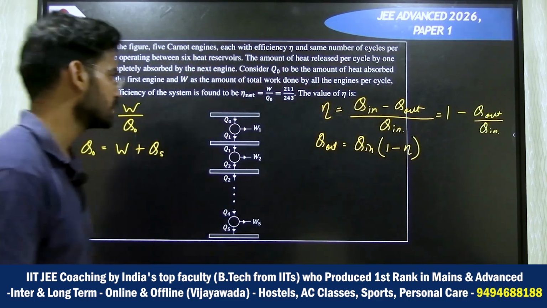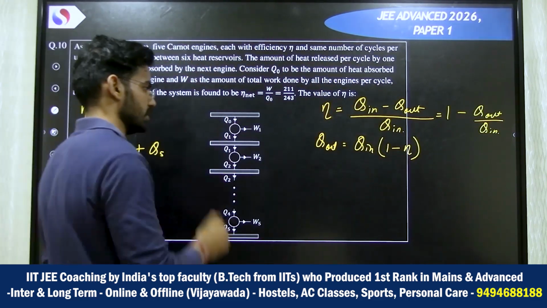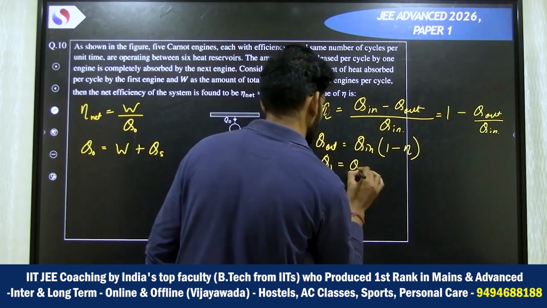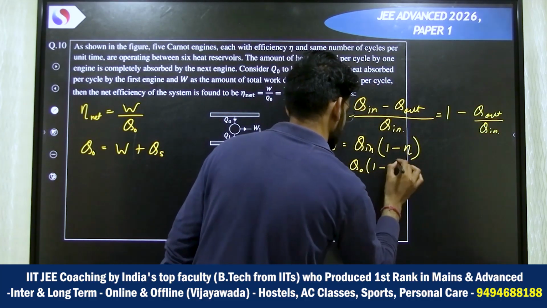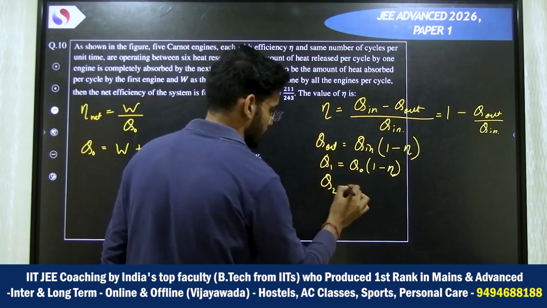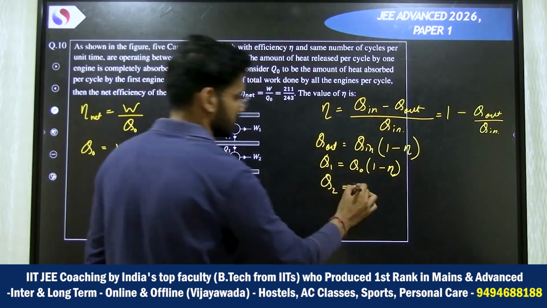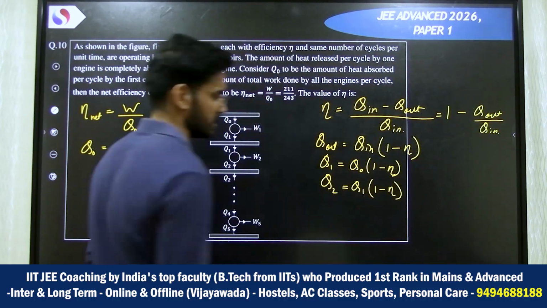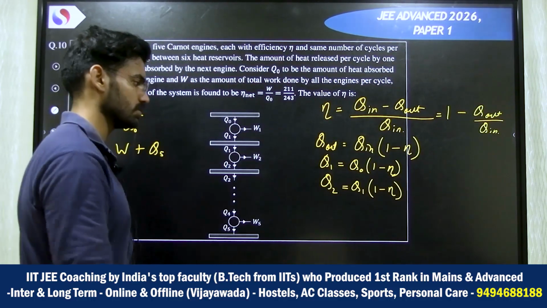Agree with this, right? So if I write this for the first one, Q out, that's Q1, is equal to Q0 into 1 minus eta. Similarly, we write Q2, which is Q1 into 1 minus eta, correct? His efficiency is also eta, right?